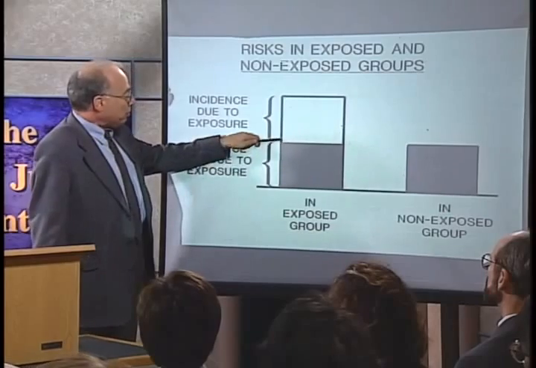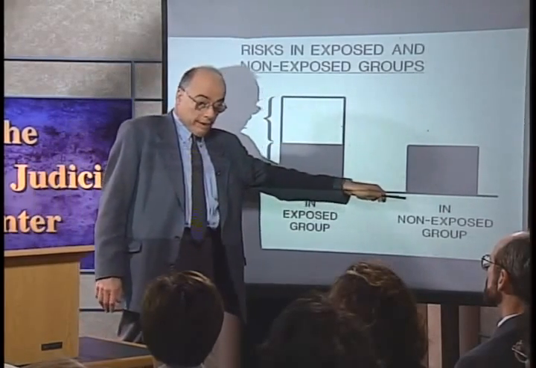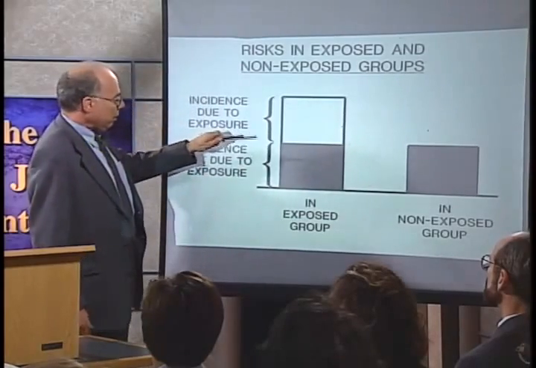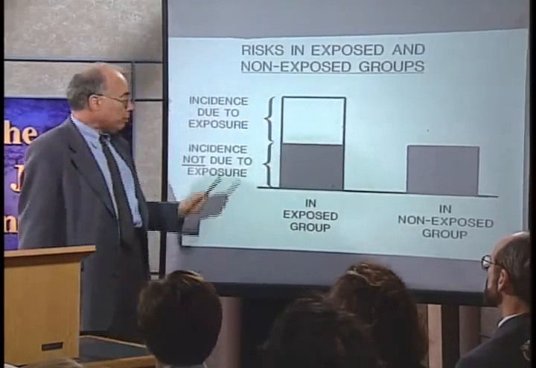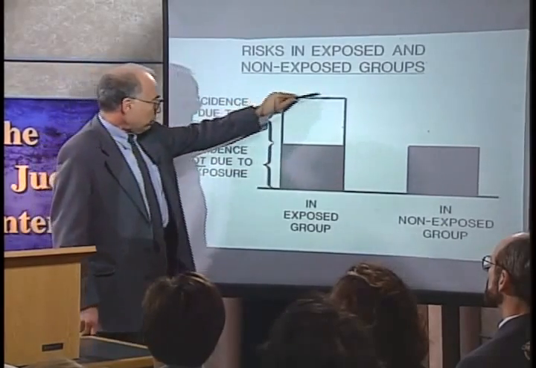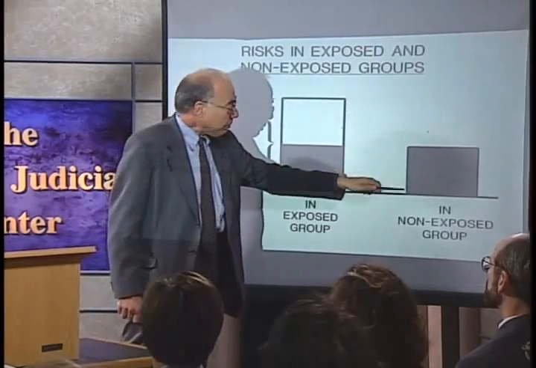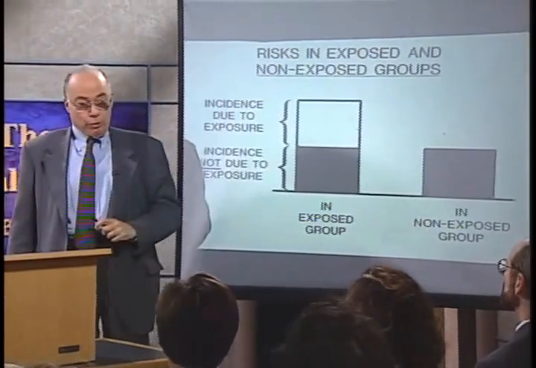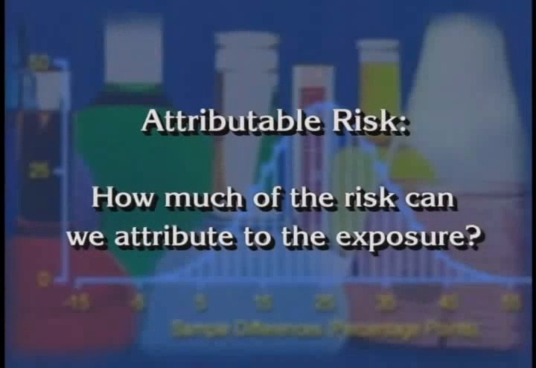The exposed people have an additional risk that the non-exposed people don't have. If we want to calculate how much of this risk is due to the exposure, we would take the total risk in the exposed group, and subtract from it the risk in the non-exposed group. This would be the attributable risk. This would tell us how much of the risk we can attribute to the exposure.